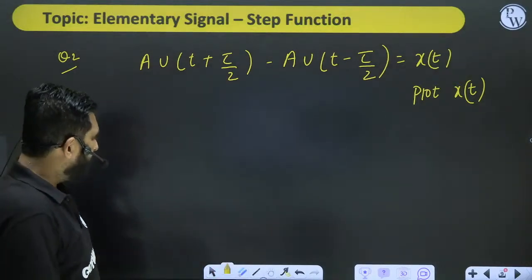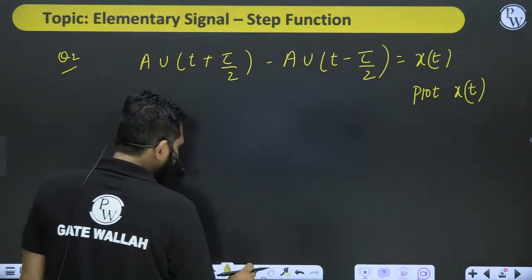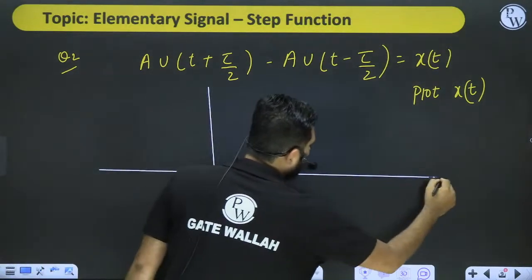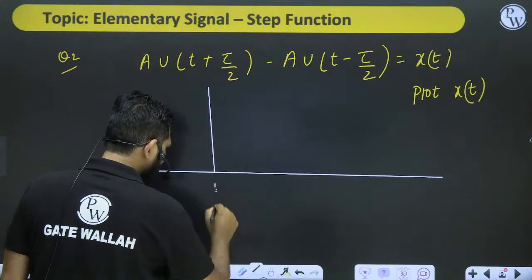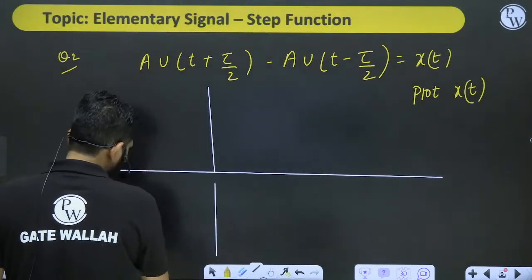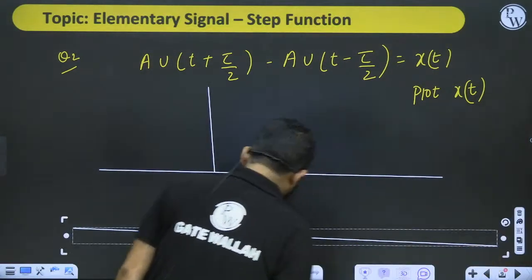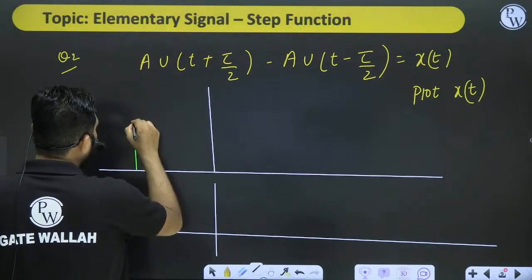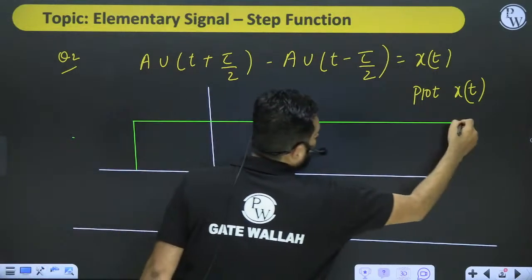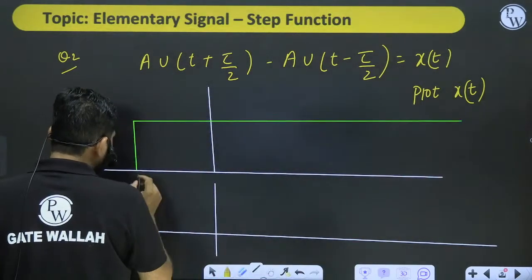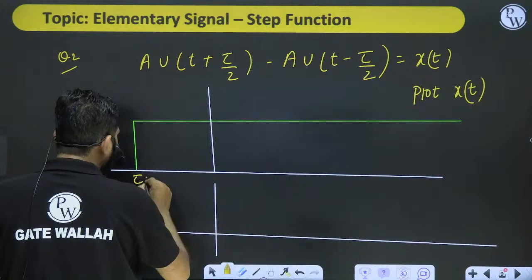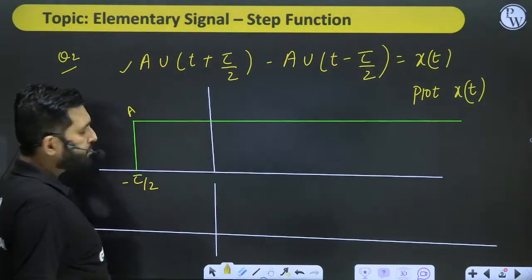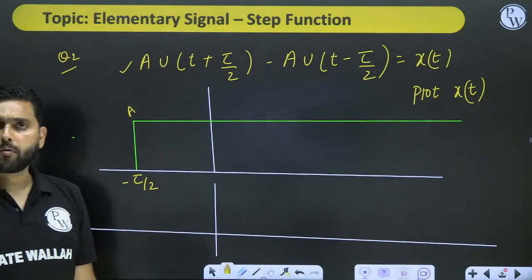Now listen carefully, this can be done by this function. This is the function AUT plus tau by 2. And what about this one?